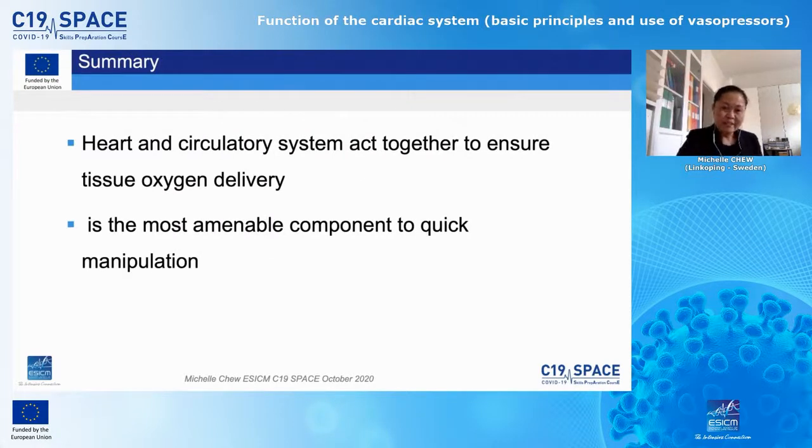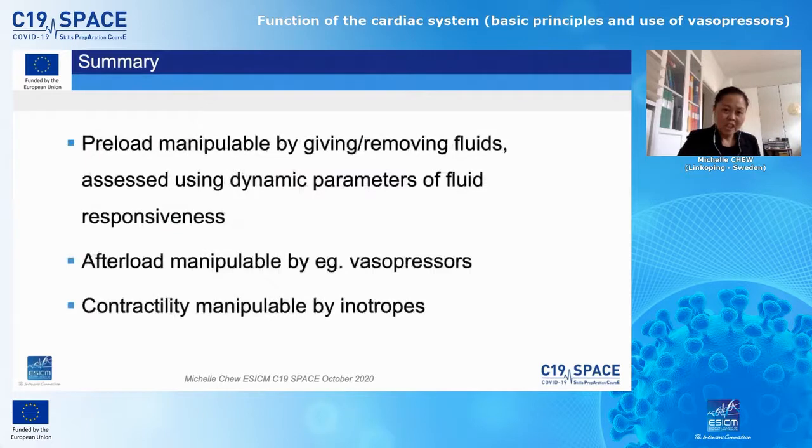So in summary, the heart and the circulatory system act as one to ensure tissue oxygen delivery. Cardiac output is amenable to quick manipulation, which is why we monitor it. And cardiac output is manipulated by changing preload, afterload, and contractility.